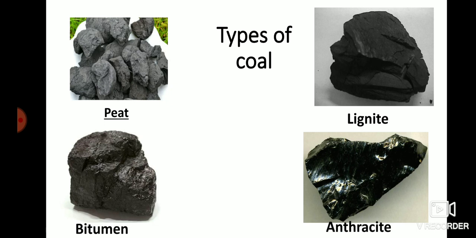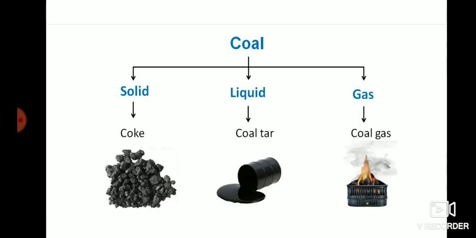Coals are of four types: peat, lignite, bituminous or bitumen, and anthracite. Coal we get in the form of solid coal, that is coke, liquid coal tar, and the gas that we get from coal is known as coal gas.